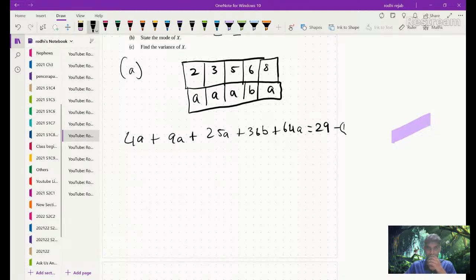This is our first equation. Written in a simpler version, it would be 102a plus 36b equals 29.